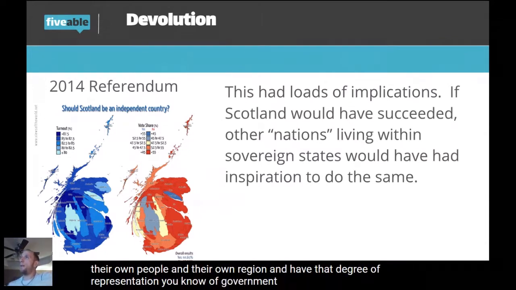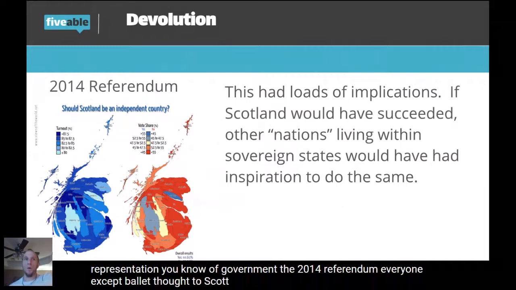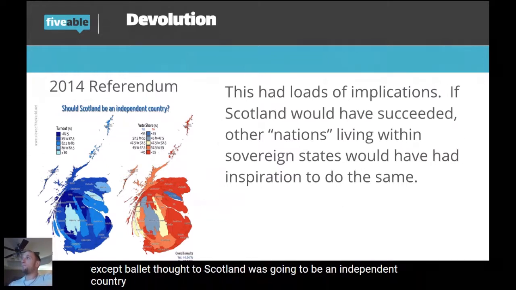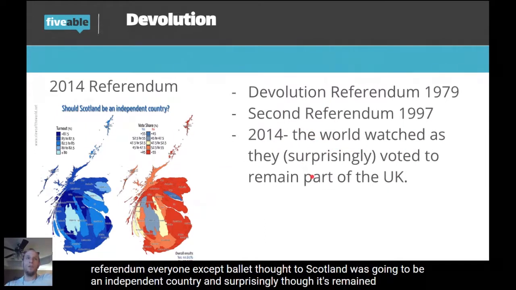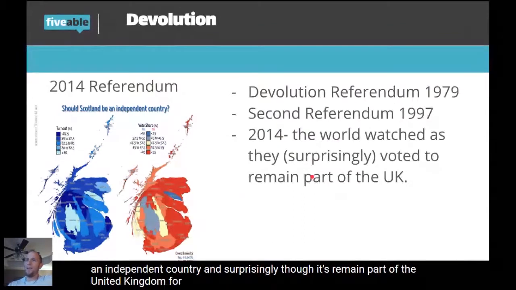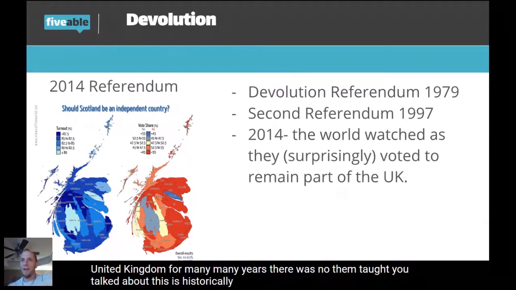In the 2014 referendum, everyone, by the way, thought that Scotland was going to be an independent country. And it didn't happen, all right? They surprisingly voted to remain part of the United Kingdom. For many, many years, they talked about this. Historically, Scotland was its own kingdom.